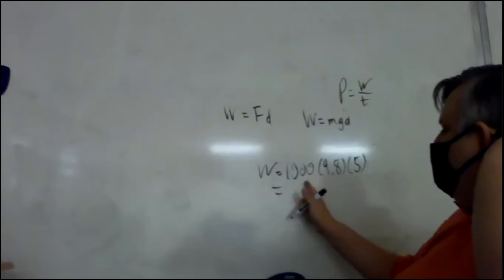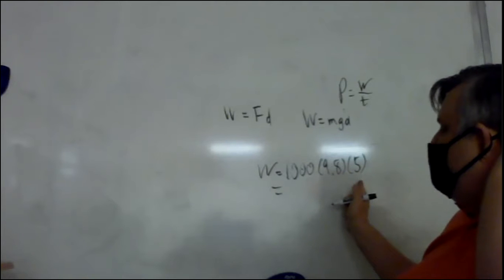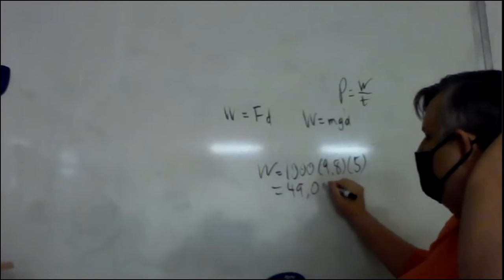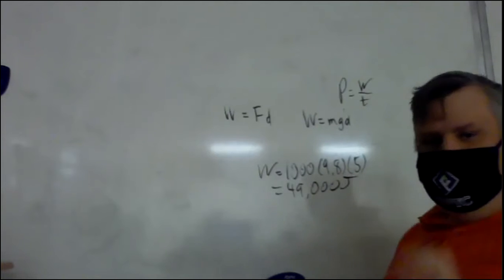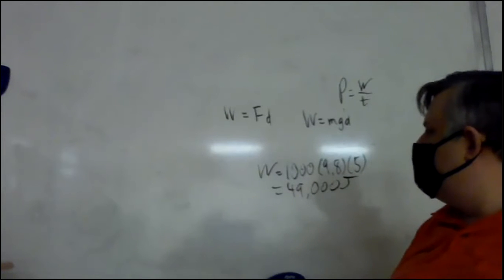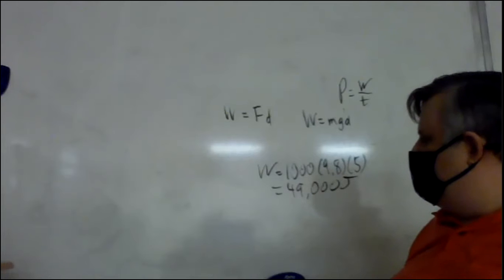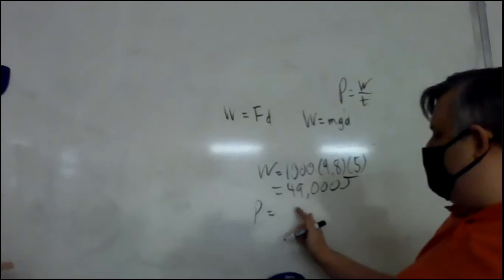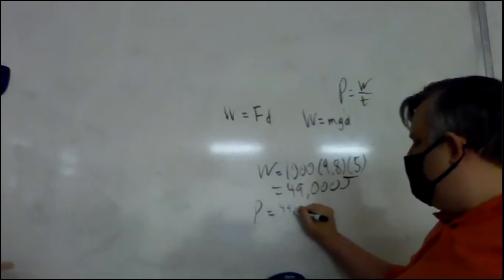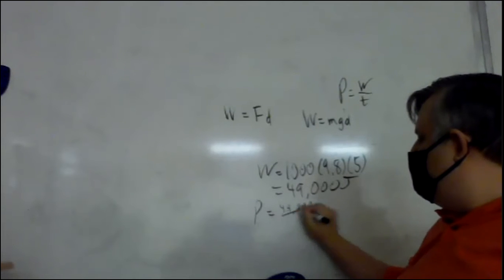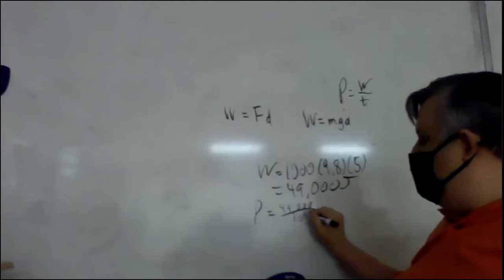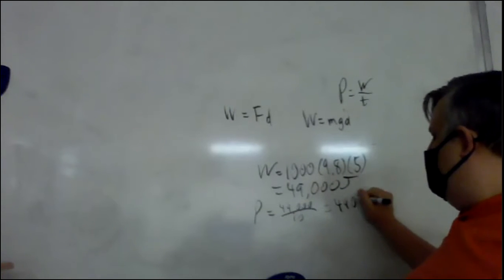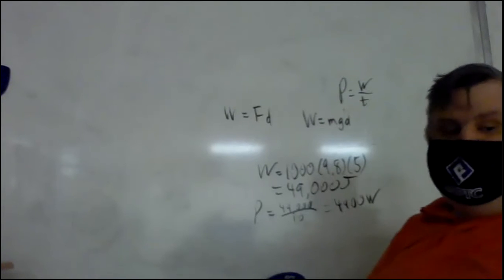So I got 1,000 times 5 is 5,000, times 9.8 should be 49,000 joules. Now we want to find the power. The power is 49,000 joules of work divided by 10 seconds of time, which comes out to be 4,900 watts.